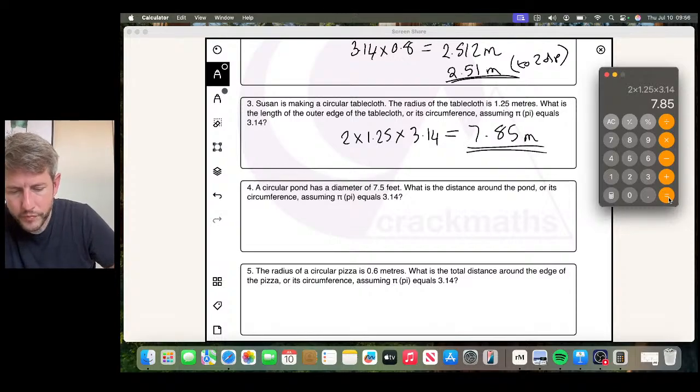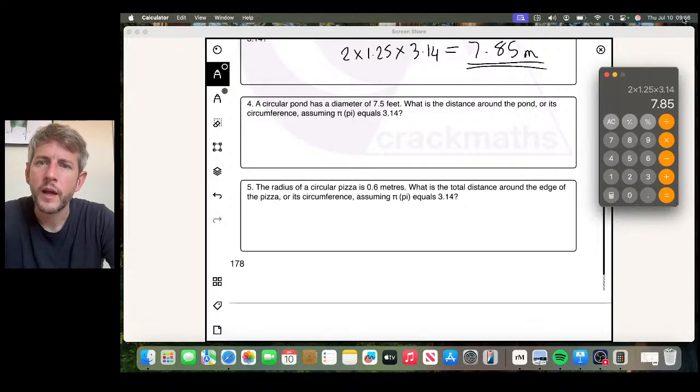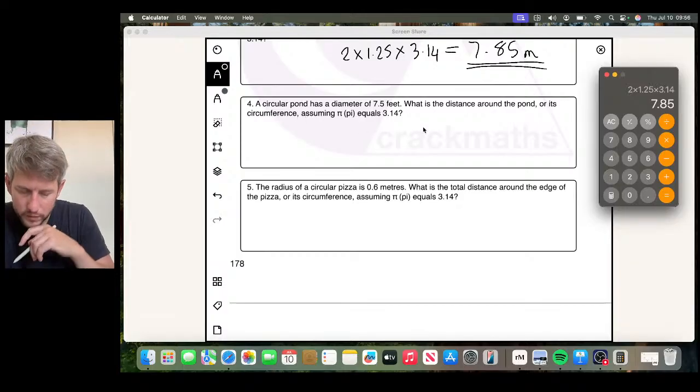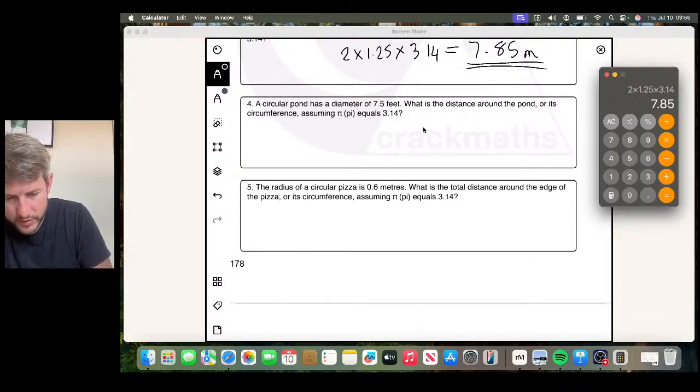All right. Question 4. A circular pond has a diameter of 7.5 feet. What is the distance around the pond, or its circumference, assuming pi equals 3.14? Okay, so here we go.